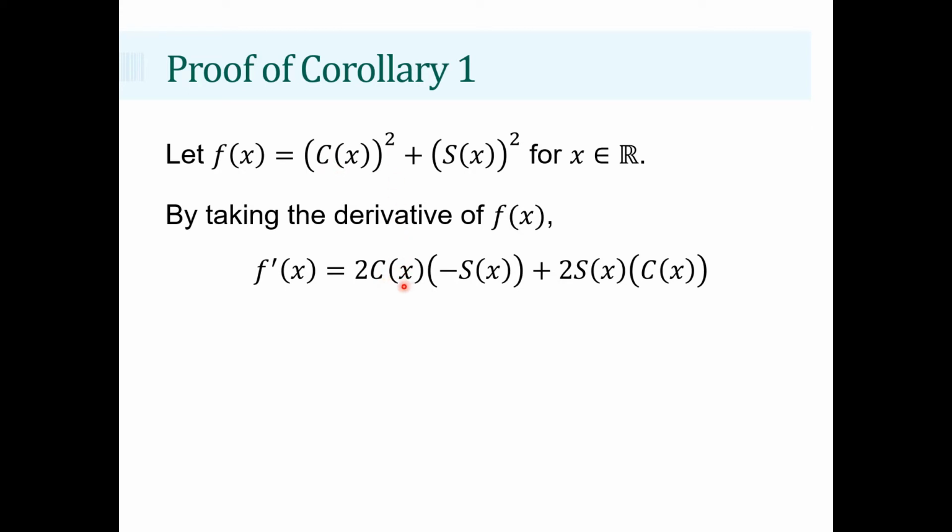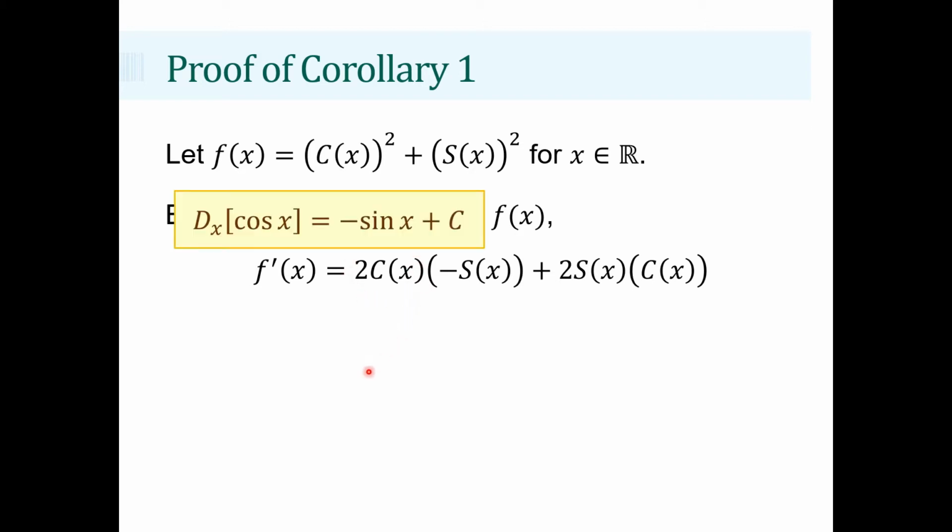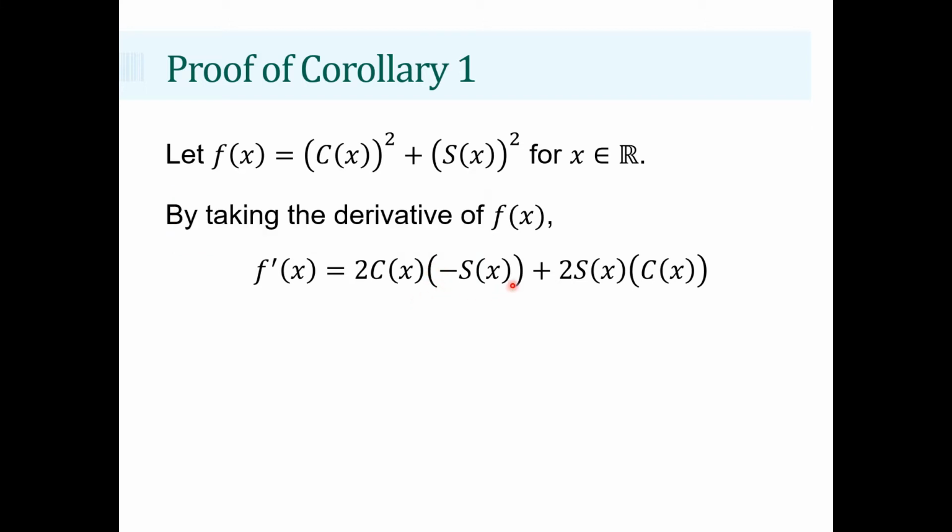And then, by chain rule, kailangan natin kunin yung derivative nito. Ano bang derivative niyan? Di ba, derivative of cosine x is equal to negative sine x. So, kaya, meron tayong i-multiply na negative s of x by chain rule.